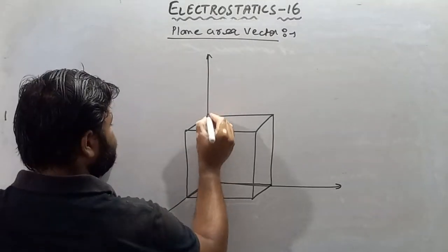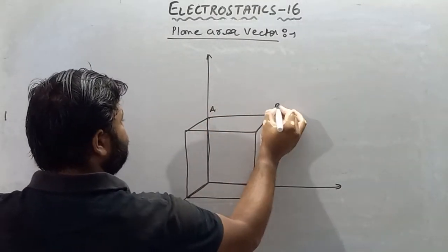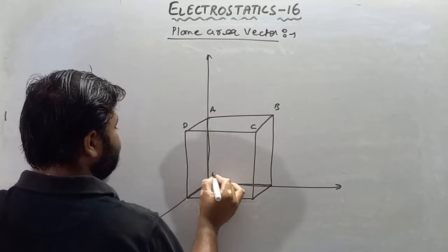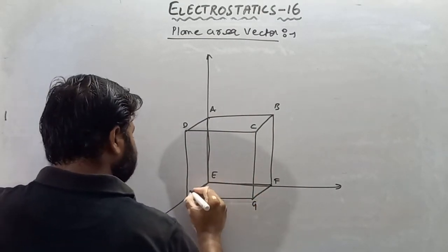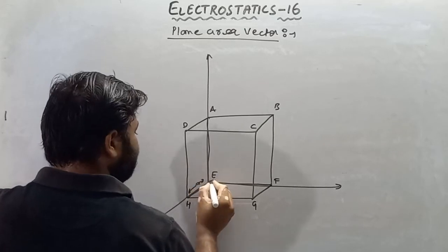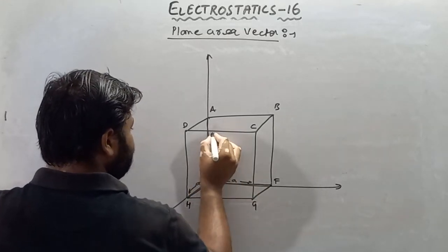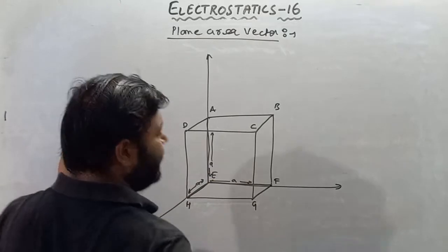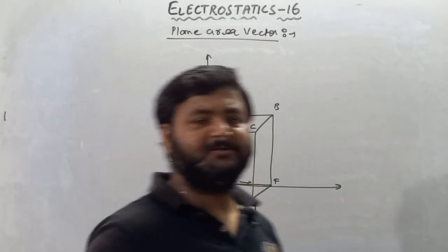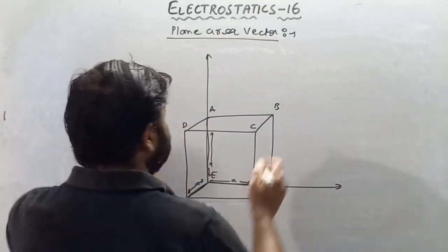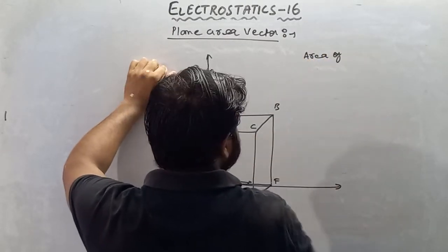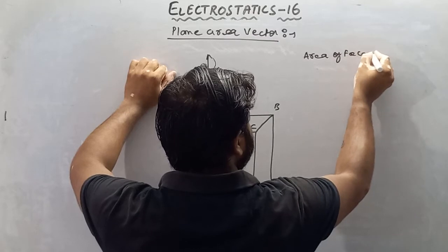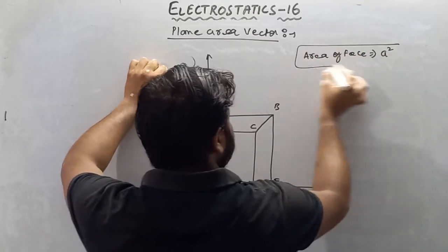So this is our cuboid A, B, C, D, E, F, G and H, and its side is, let's suppose, A. So we know that for a cuboid the area of a face is side into side, which is A square. So area of face is equal to A square for any cuboid.